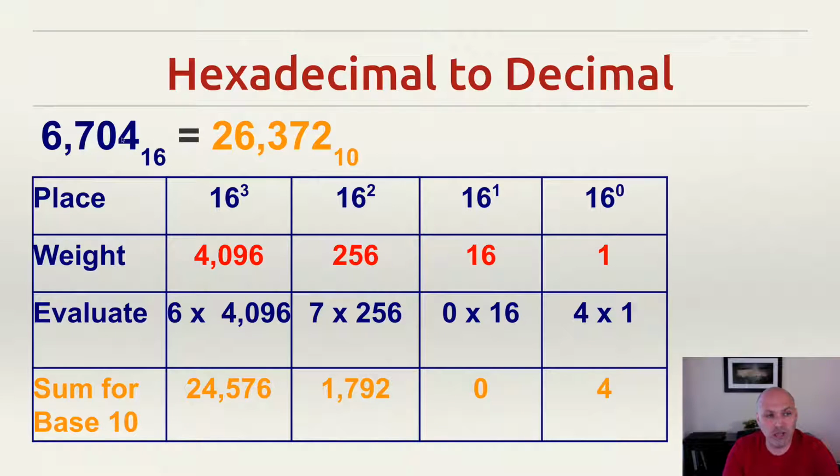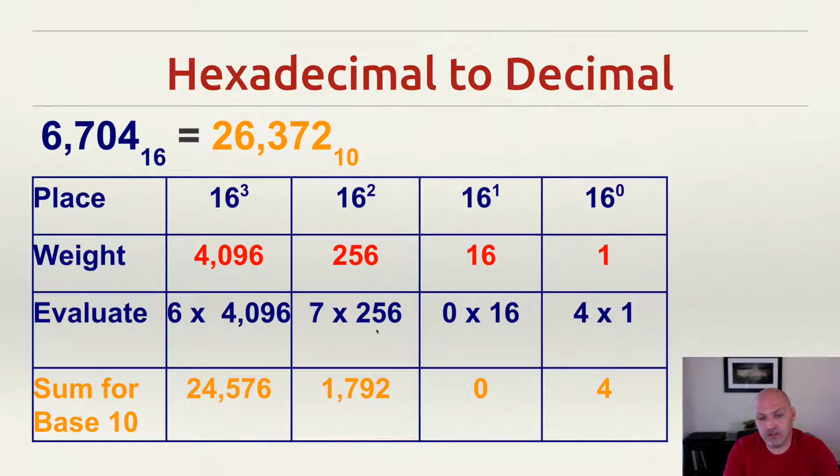So we know that we're going to take our values here and multiply them by the weights to achieve the decimal equivalent for that place. Here I have a value of 4 and a weight of 1, which gives me a 4. I have a value of 0 and a weight of 16, which gives me a 0.